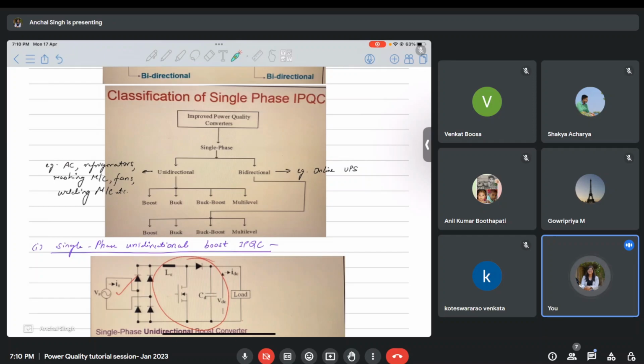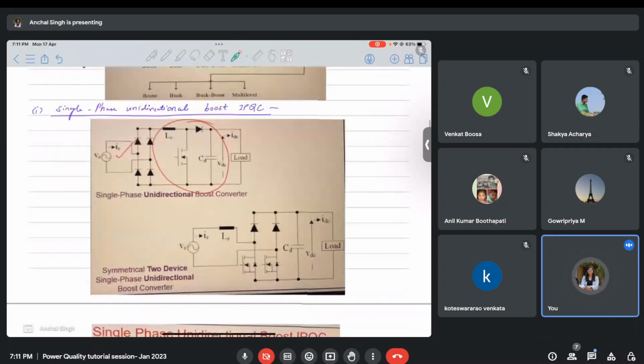Then if you look at the category of single phase unidirectional boost IPQC, this red circle thing is a boost converter. A boost converter is a DC to DC converter where the output voltage is higher than the input voltage. That is the property of a boost converter.